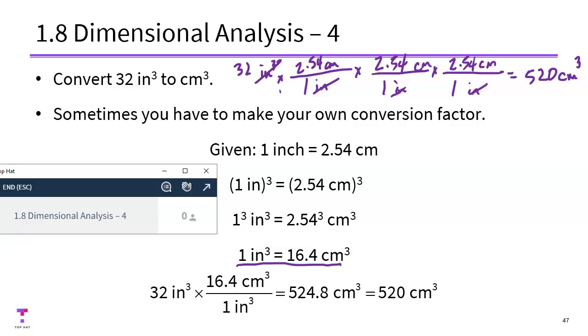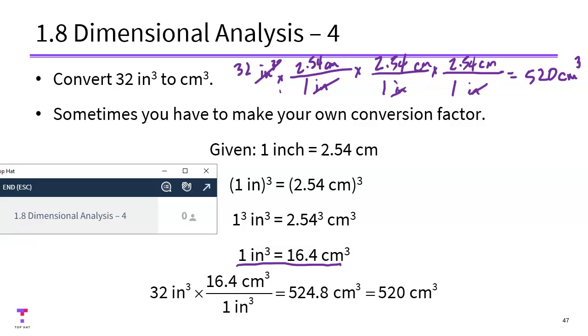One is to recognize that if the unit is cubed, the conversion is going to be cubed as well. And so I can cube both sides of the conversion and just plug in the cubed version of the conversion into my conversion factor here.